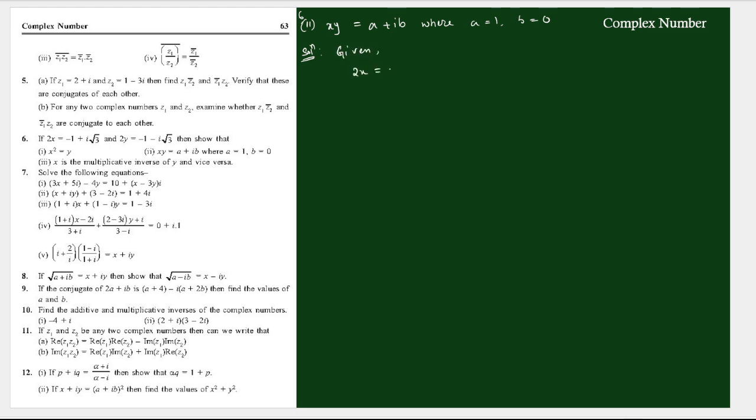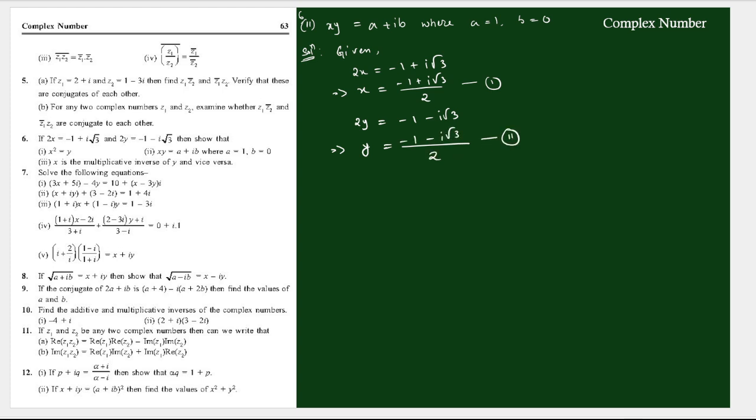2x is minus 1 plus i root 3, so your x will be minus 1 plus i root 3 by 2. This is your equation 1. And again 2y is minus 1 minus i root 3, so your y is minus 1 minus i root 3 by 2.